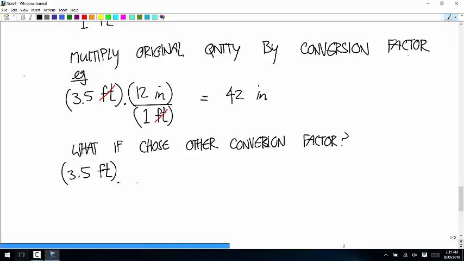What if I had multiplied by 1 foot over 12 inches? Now the feet don't cancel, and if we multiply that out, we get the number 0.2916 repeating, and the units are feet times feet over inches, or feet squared over inches.